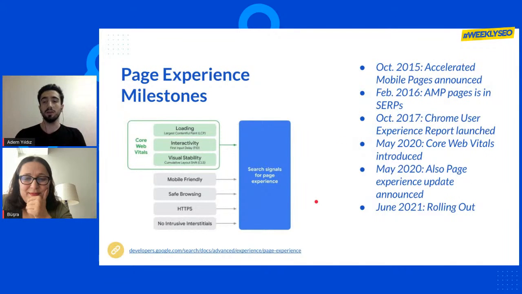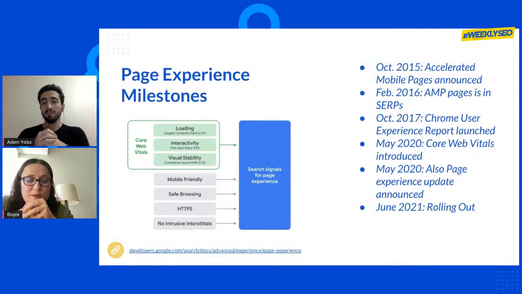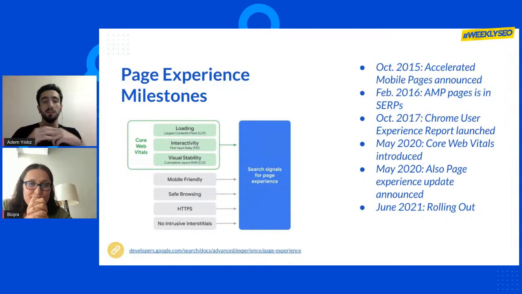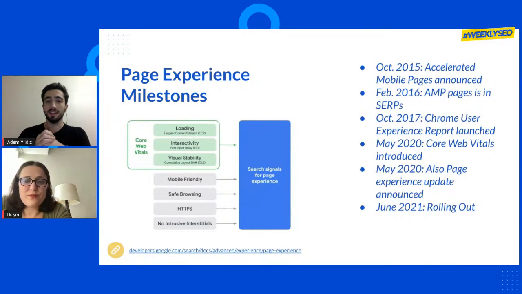After that, they combined all these measurements, and since the speed factor on the mobile side became more and more important, they removed the AMP requirement, so news websites don't need to use AMP technology, because they can be visible in the news section without AMP technology. So that's June 2021, rolling out until the last day of August. That's actually the page experience milestones.